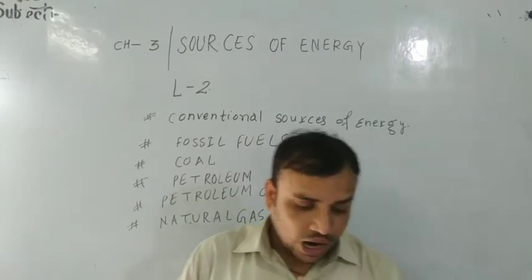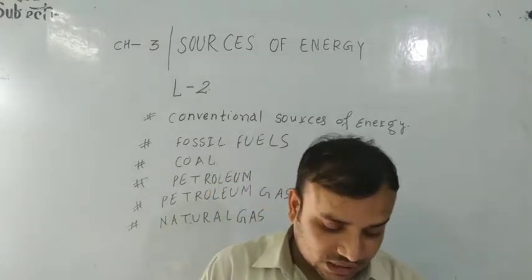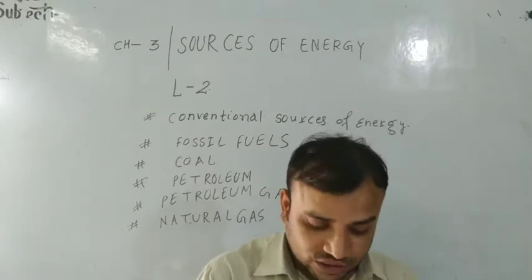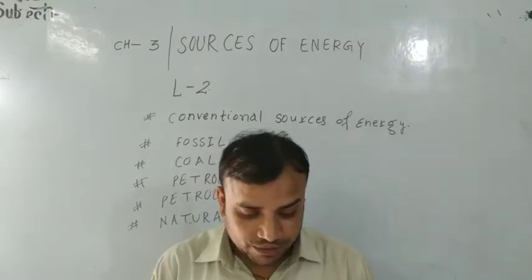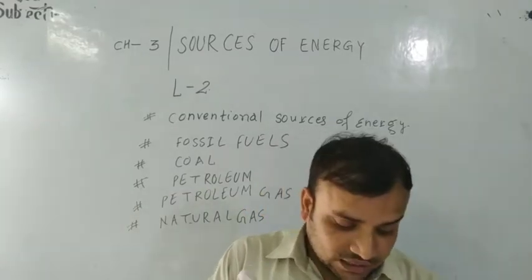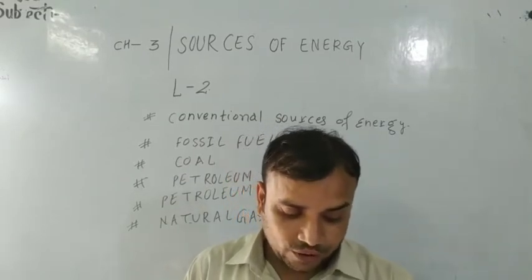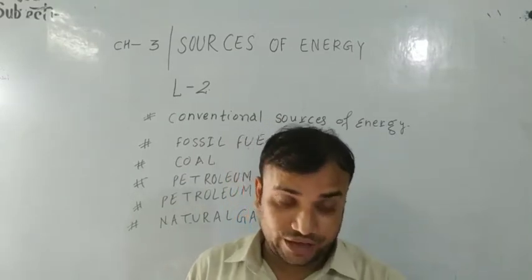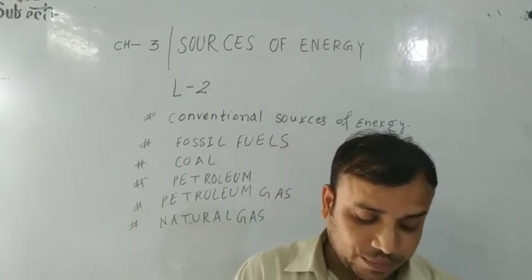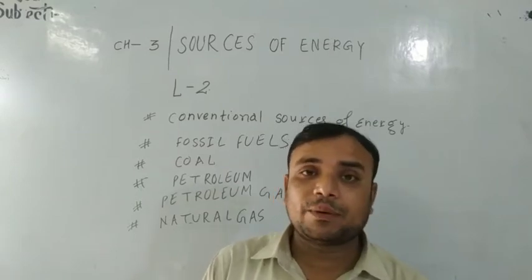Now, how were fossil fuels formed? The plants and animals which died millions of years ago were gradually buried deep in the earth under sediments like mud, soil and sand, away from the reach of oxygen of air. In the absence of oxygen, the chemical effect of pressure, heat and bacteria, which type of bacteria?